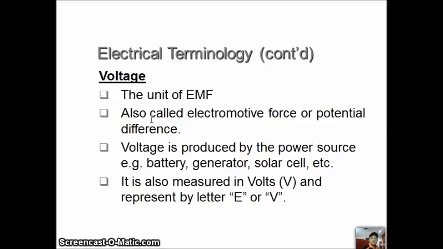Voltage is also called electromotive force or potential difference. Voltage is produced by different units and materials, such as a battery, a generator, a solar cell, etc. And the letter representing the voltage is V, or sometimes we use E. E for electromotive force, V for voltage.